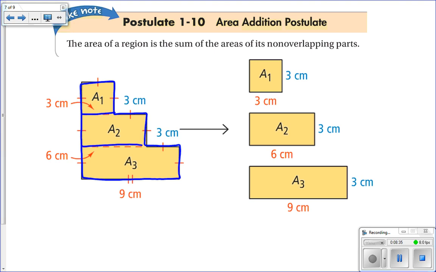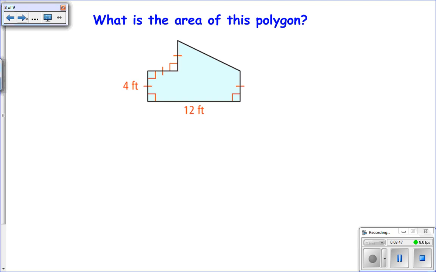In this case, they have to be rectangles, but they can be any shape as long as I know what they are. So I can cut them up into non-overlapping parts and find the area of each of the parts and add them together.